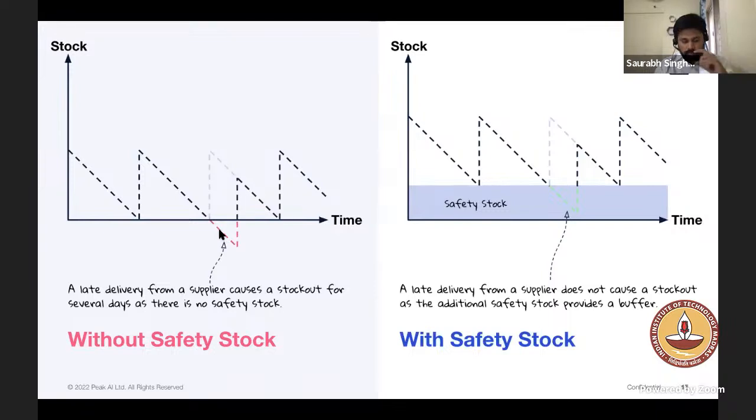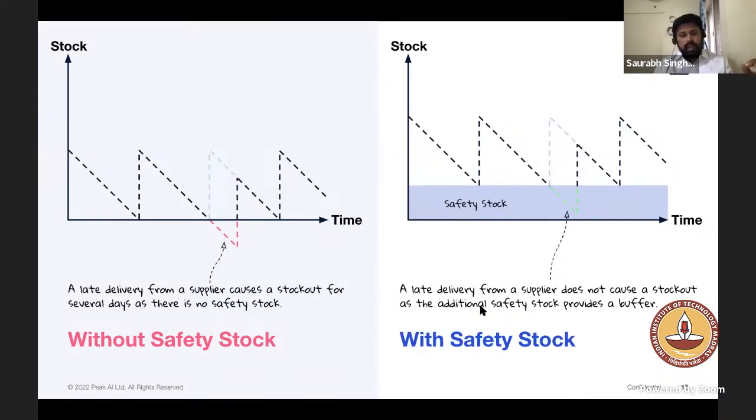At this point, depicted by the pink line, for this much time you don't have any stock available, hence you cannot satisfy your end customer requirements, right? Basically there are no goods to be sold or sent for distribution or whatever, right?